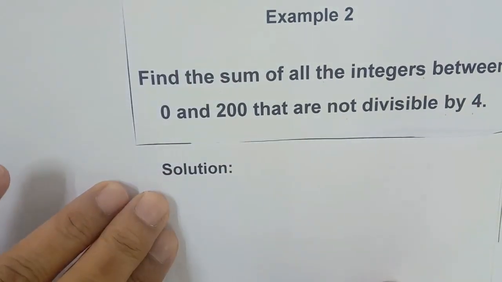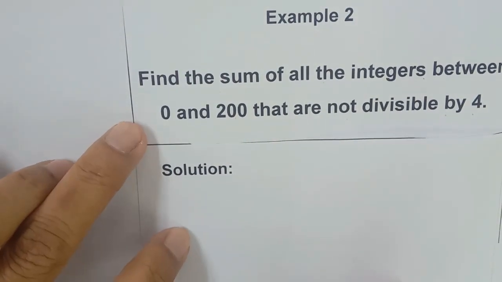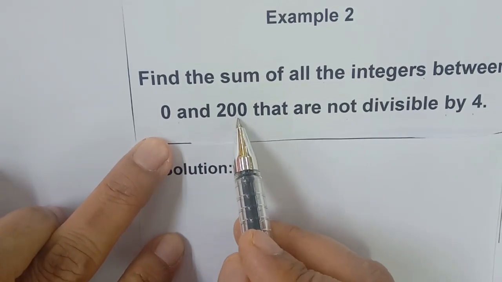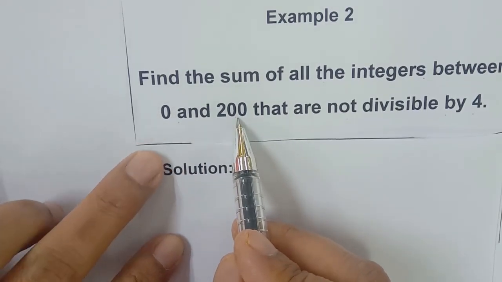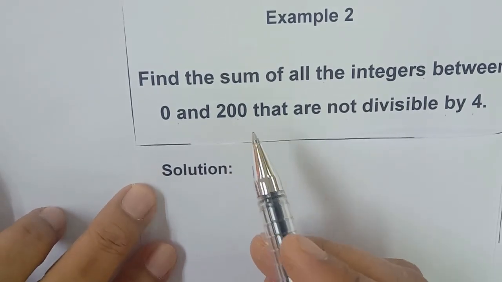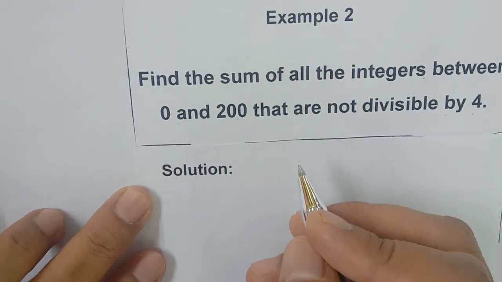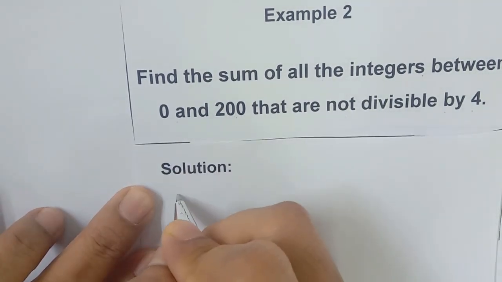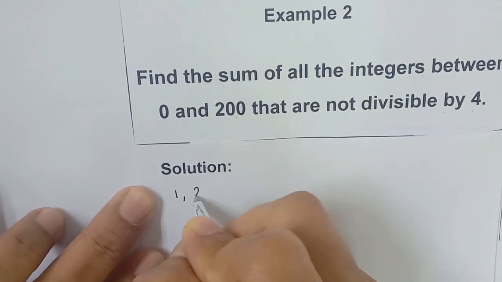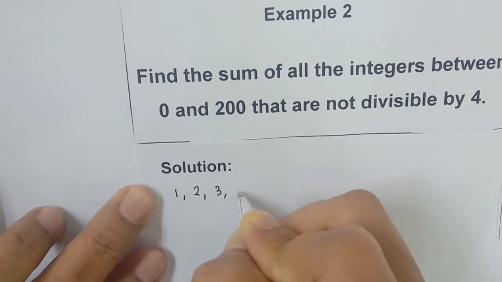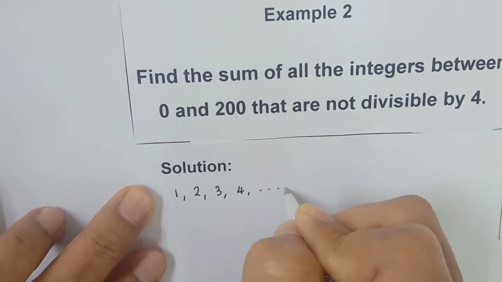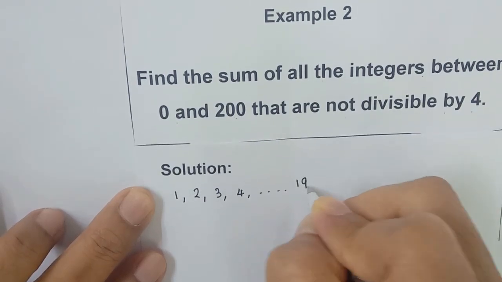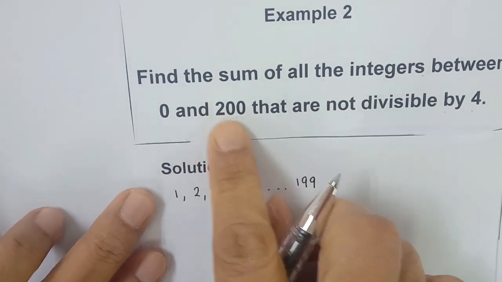the first step, list all the integers between 0 and 200. So between 0 and 200 is 1, 2, 3, 4, until the last term 199, not inclusive of 200.